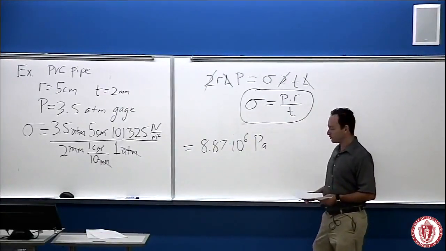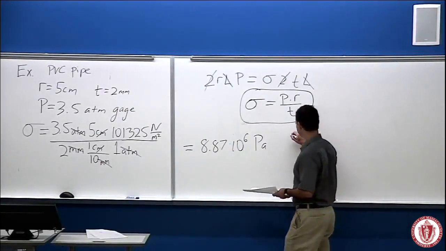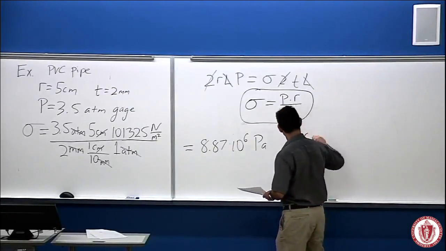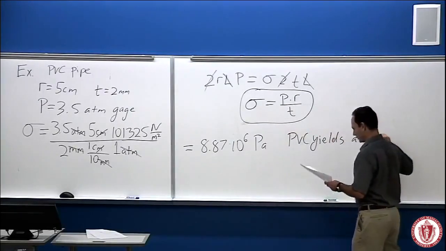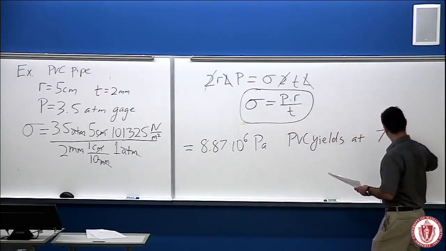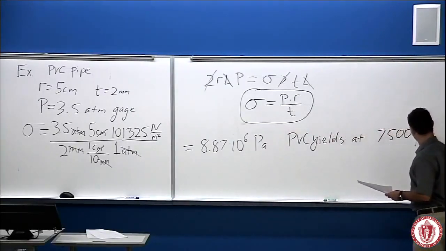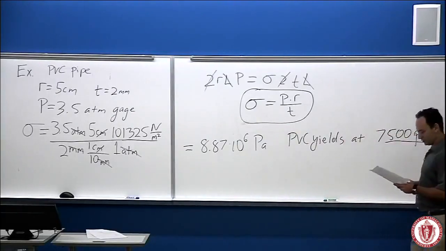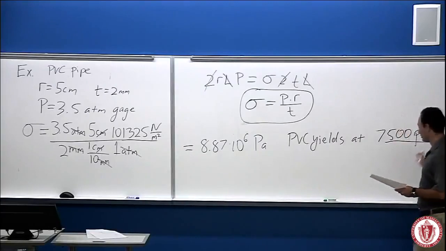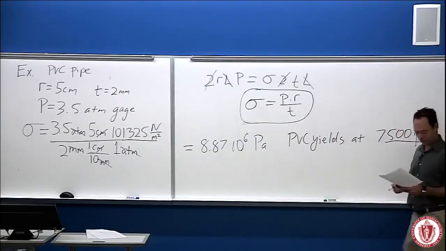Now, if I look up the yield strength for PVC, it's 7,500 psi. So we have some old-fashioned units to deal with here. So let's convert that to SI units.